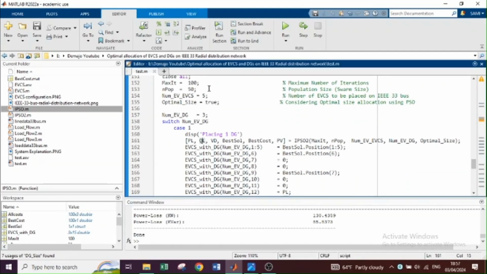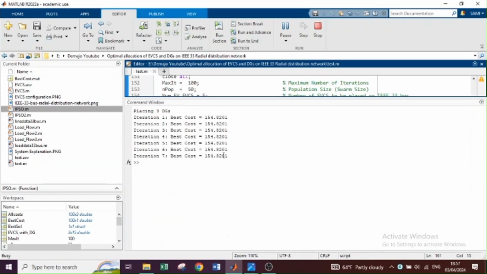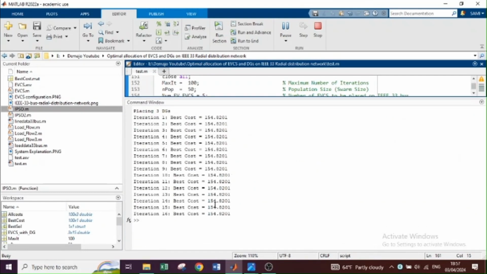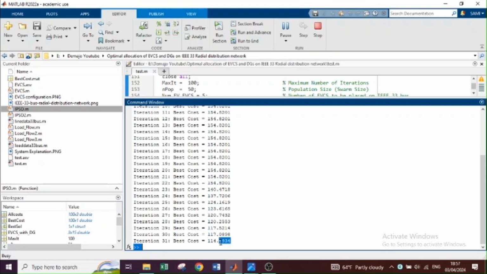And that's how the size of DGs is picked from the range of 50 to 2000 kilowatts in this case. Here, the iteration is set to 100.